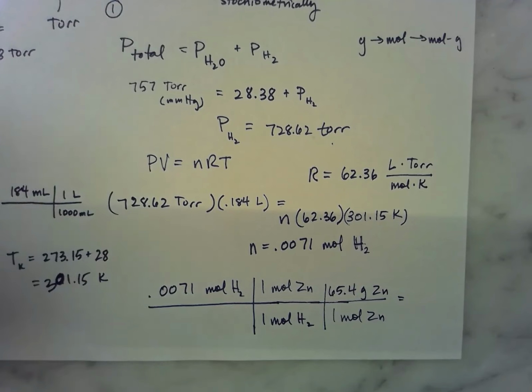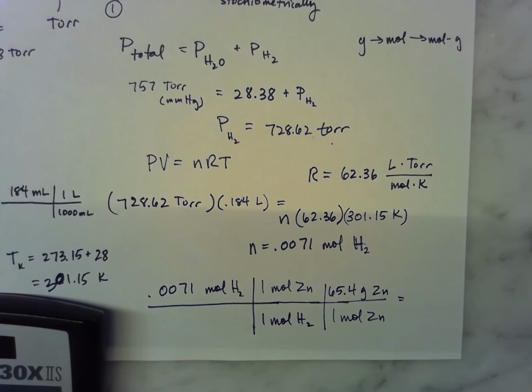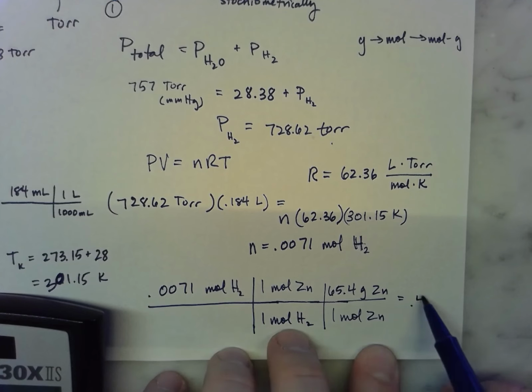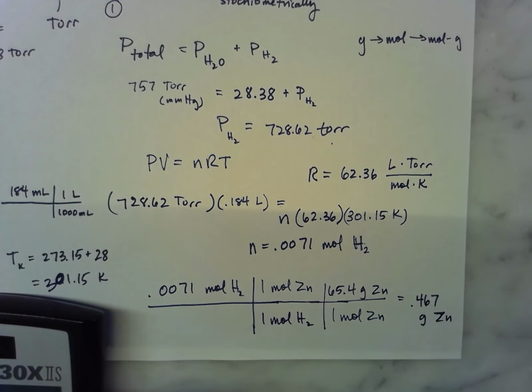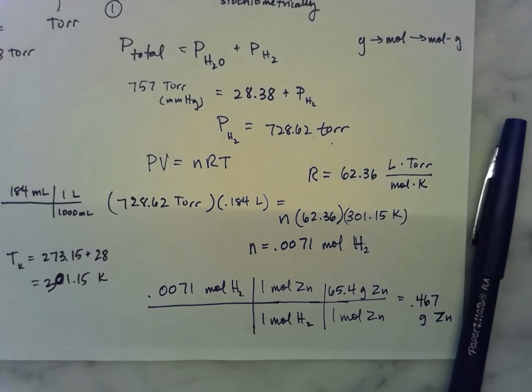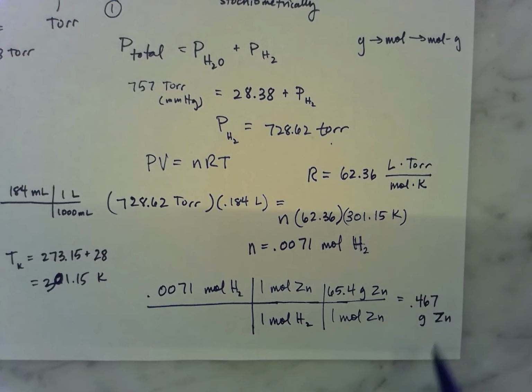All right, and we just multiply. So we should have 0.467 grams of zinc consumed. Okay, so let me check that to make sure that's right. Oh, cash money. That's what I'm talking about. 0.467 grams is our correct answer.